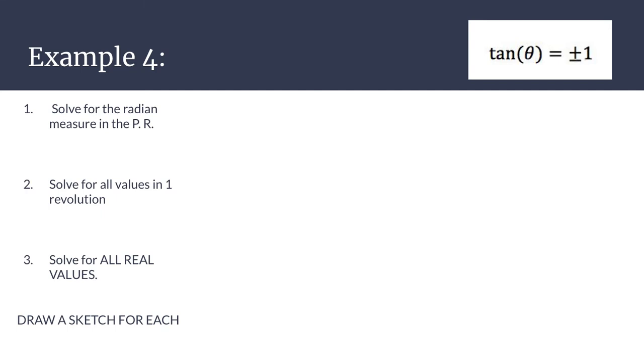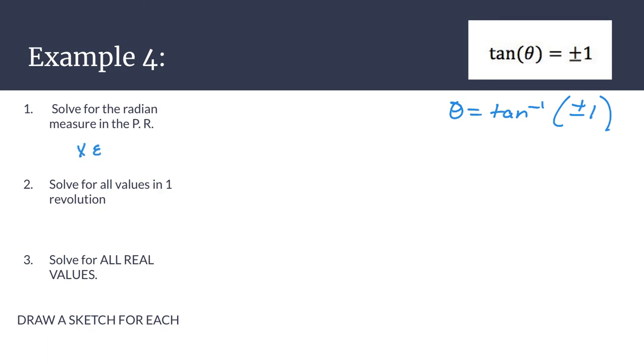The next one is tangent of theta equals plus and minus 1. Again, we're going to start by doing the algebra to isolate our theta. So what we're looking for is where tangent of theta equals plus and minus 1. Inverse tangent of plus and minus 1.